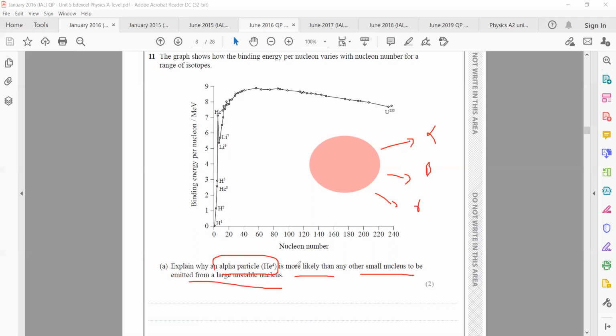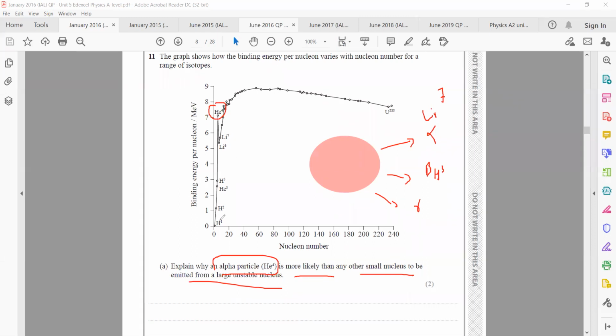Why is a large nucleus not emitting lithium, or say a hydrogen isotope? Why specifically is an alpha particle likely to be emitted?